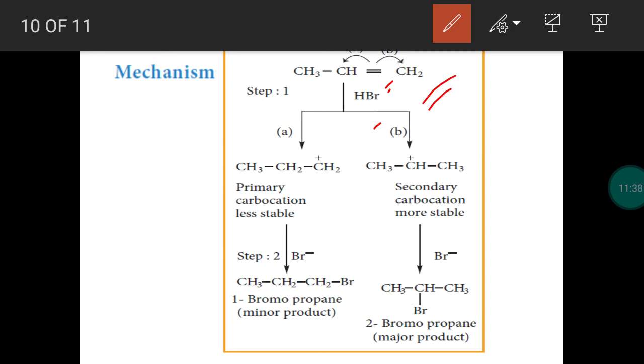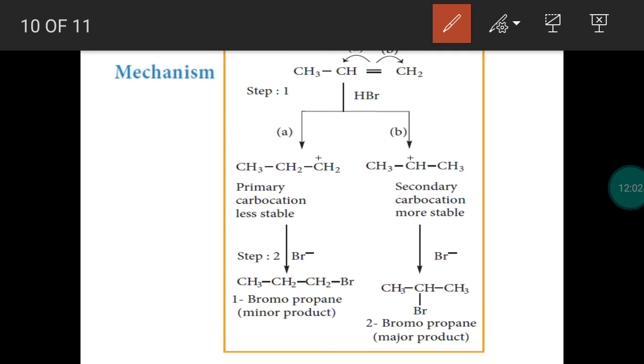So this carbon will get a negative charge, as the pi electron is shifted over the carbon. This carbon will get a negative charge and this carbon will get a positive charge. Then what about the separation of hydrogen halide? How will it be separated? Due to electronegativity, it will be separated as H plus and Br minus.